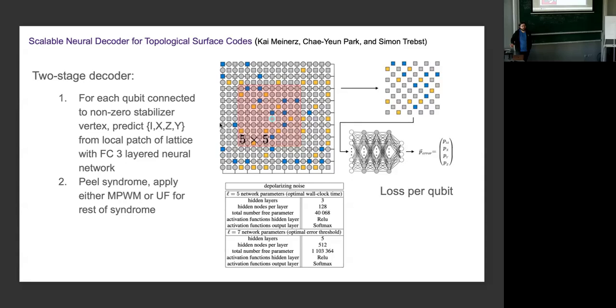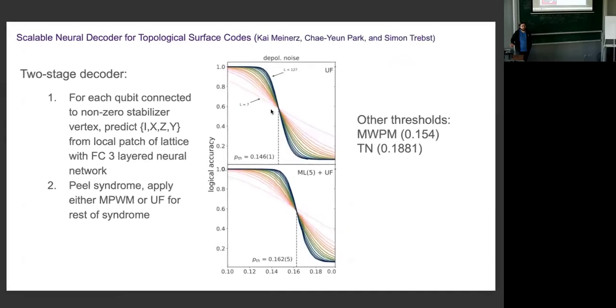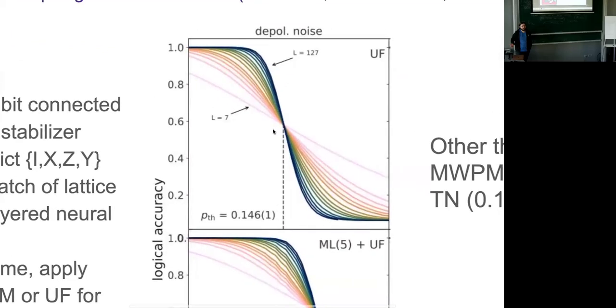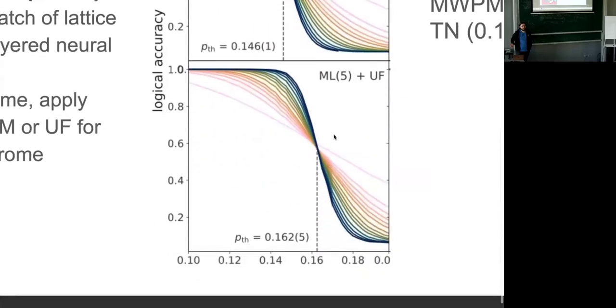I guess it would be just a bit faster, but it works nicely, and you could see that the union find threshold was like this, and it's shifted efficiently, right?